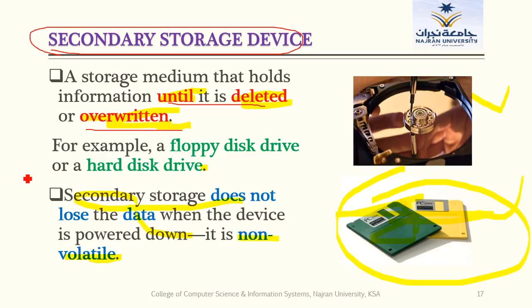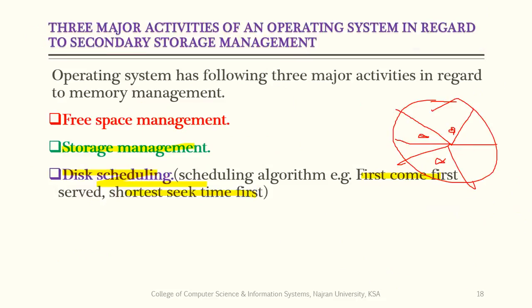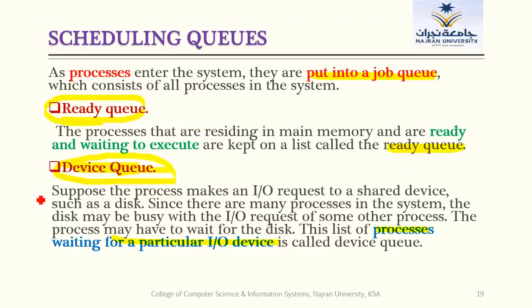These are non-volatile devices, because non-volatile means that the information or data that we have written will not be deleted when we power off our system. The only way to delete it is if we delete or overwrite it. Then we discussed three major activities of the operating system in terms of secondary storage devices, and these are free space management, storage management, and disk scheduling.